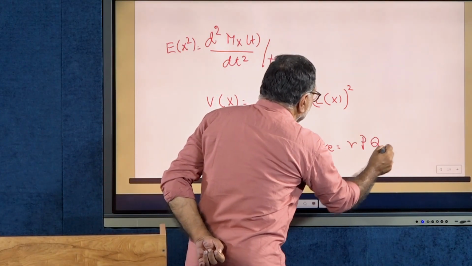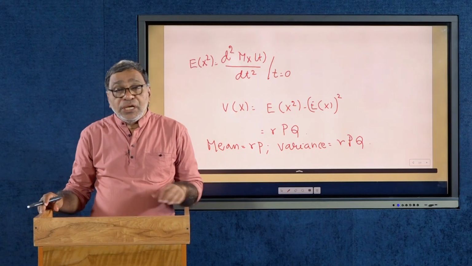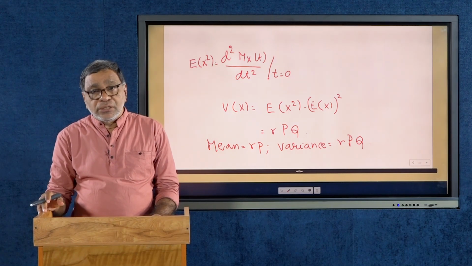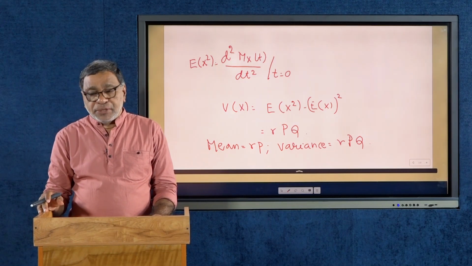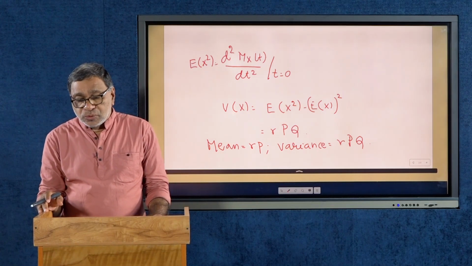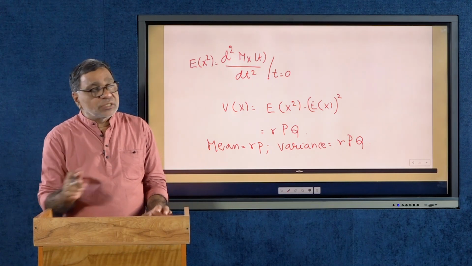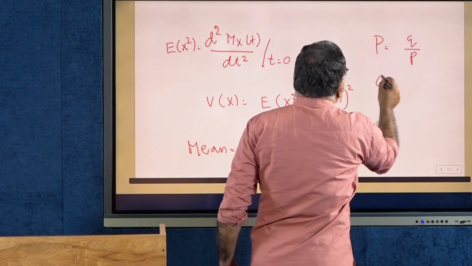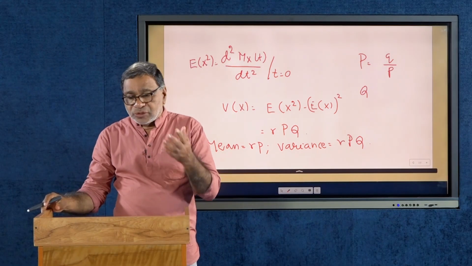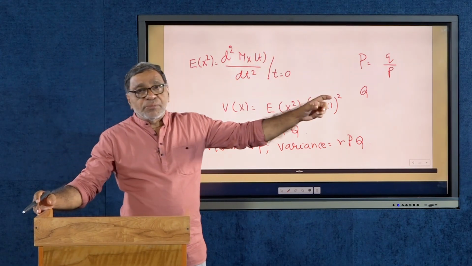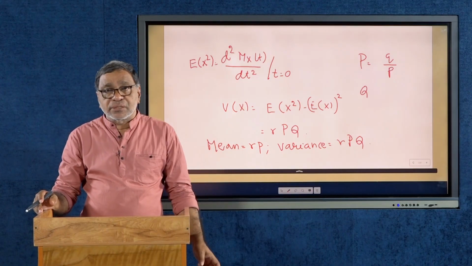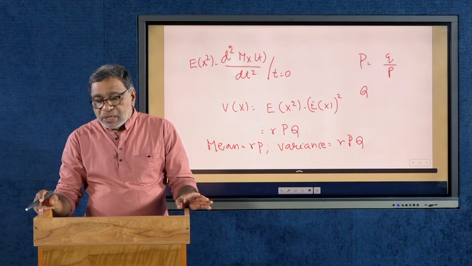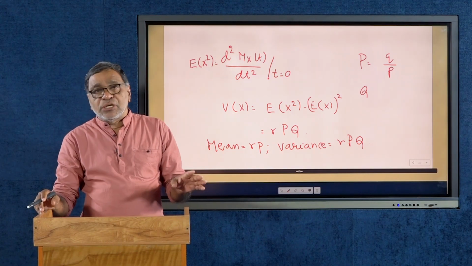In the case of the negative binomial distribution, if we are expressing that probability mass function in terms of capital P and capital Q, where capital P is equal to q divided by p, small letter p is the probability of success and small letter q is the probability of failure, and so capital P is q divided by p and capital Q is equal to 1 by p.